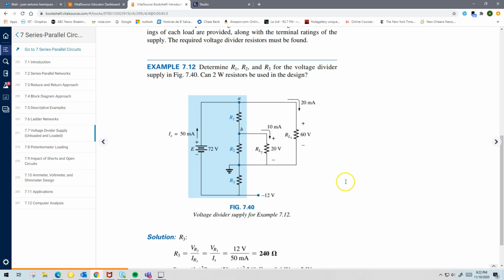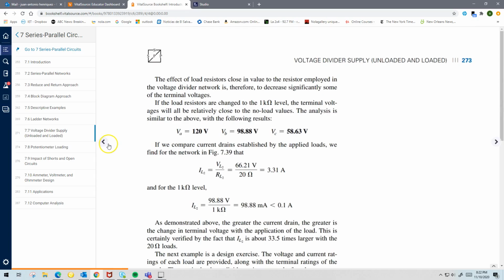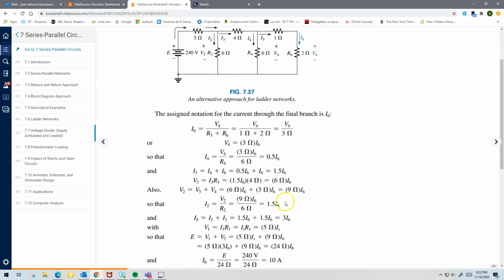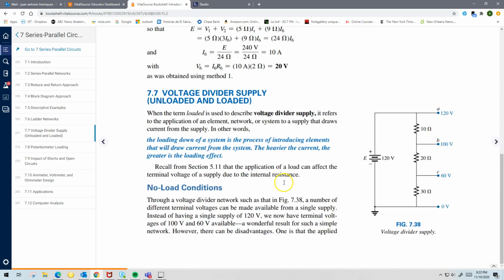Well, this is the deal, right? This is normally called, and look at how they have this blue block here, because this is what is normally called a voltage divider circuit. Why? Because if you start by looking at the circuit, right, this voltage from A to ground, VA, is 120 volts.